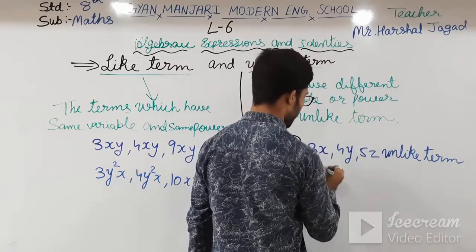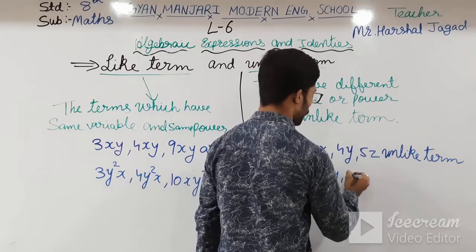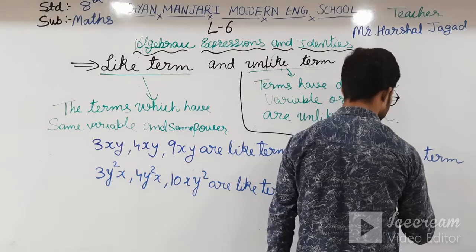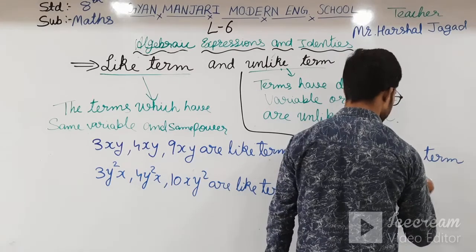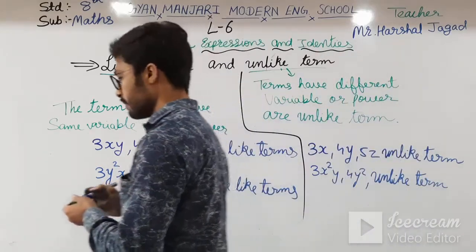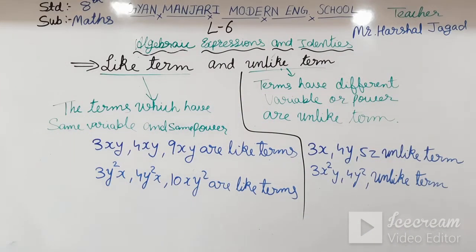Another: 3x square y, 4y square are unlike terms. Okay students, so these are like terms and unlike terms.